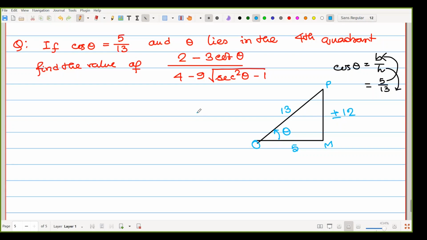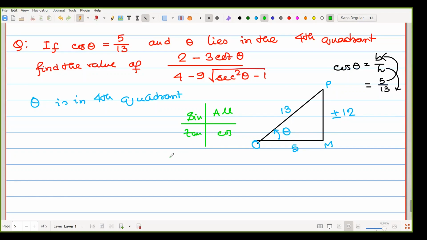So from here, another thing has been given. Theta is in the fourth quadrant. So when theta is in the fourth quadrant, that means we have all, sine, tan, cos.